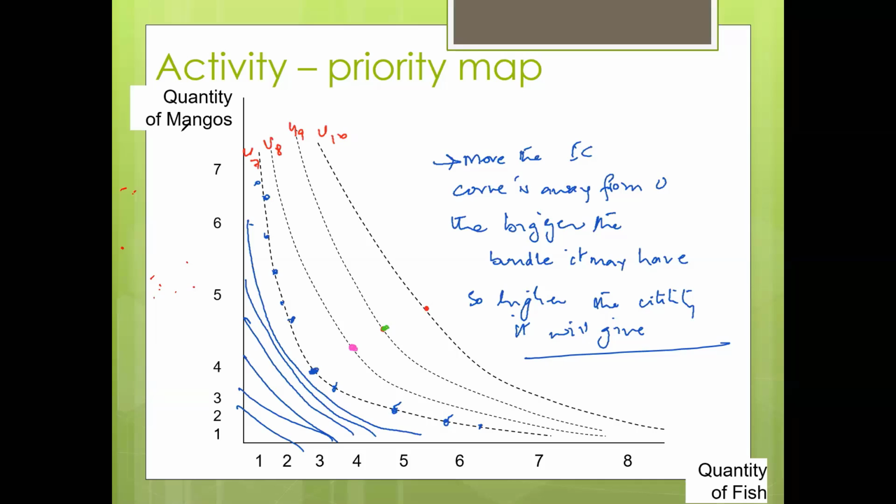So technically it's an orbit, and we as customers are trying to climb or hold on to the highest possible orbit. So a higher orbit means higher utility. As a customer, as a rational agent, the higher the utility orbit that he gets, the happier he will be. So his happiness depends upon the utility curve where he is standing.